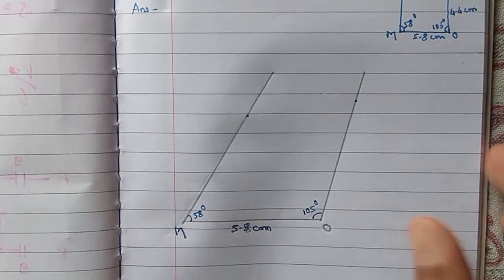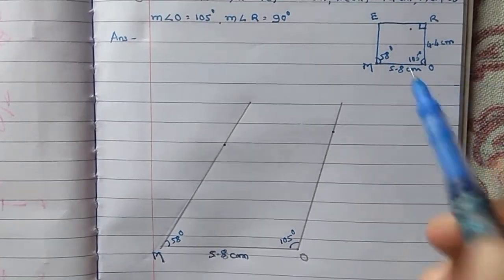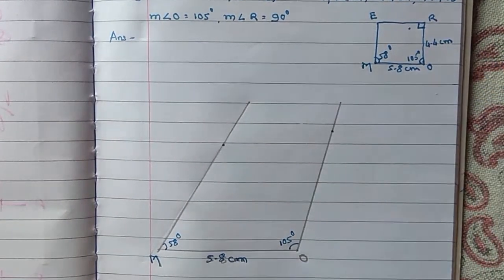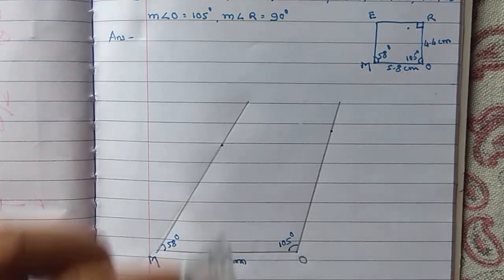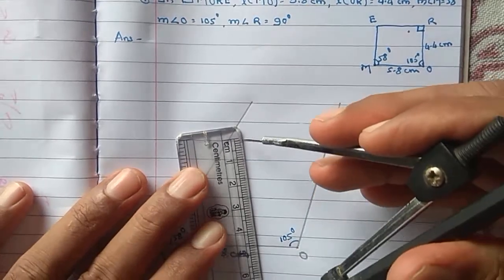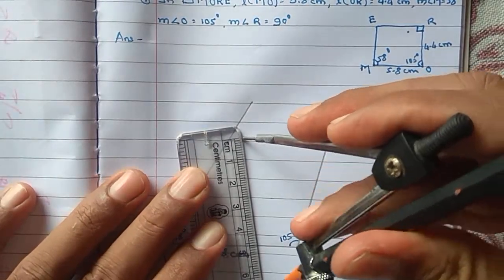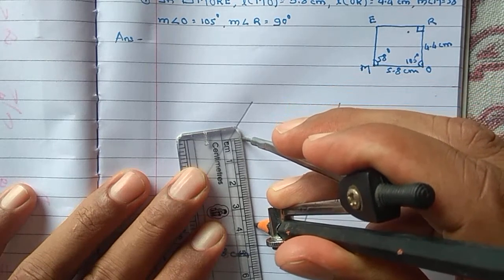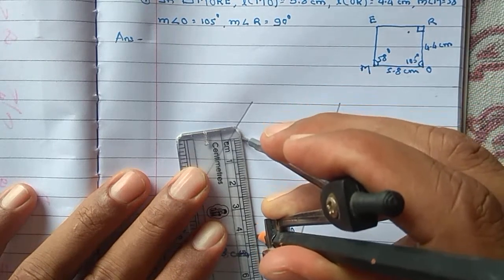Now here if you observe in the rough diagram, the length of the side OR is given 4.4 centimeter. So take 4.4 centimeter distance in the compass. 4.4.